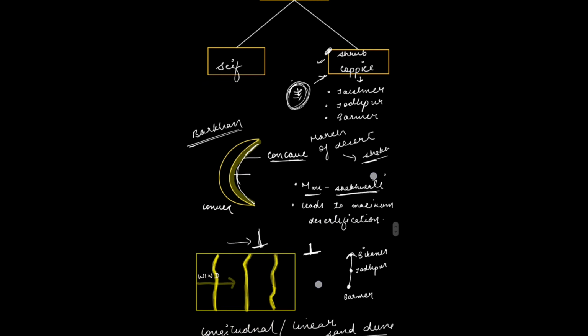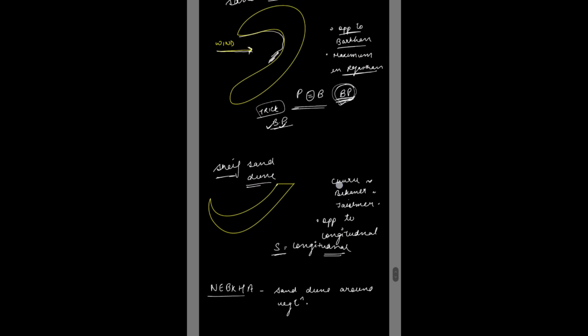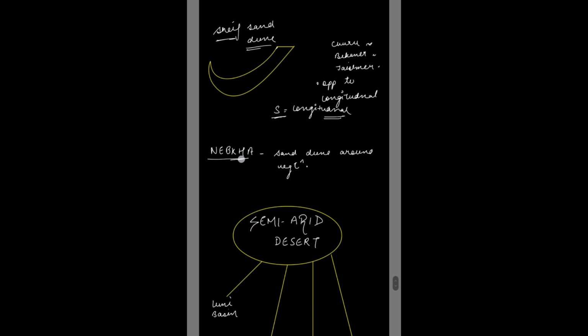Then we have an important term, nebka, which is a sand dune around a vegetation. We may say the shrub copies is kind of nebka, because in shrub copies shrubs are present and around them sand dunes are found. So it is also termed as nebka.